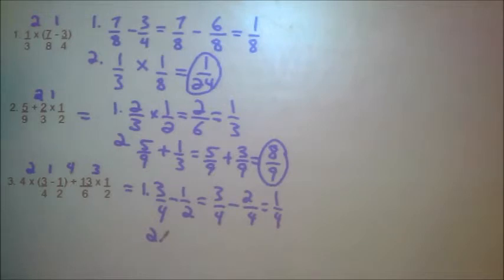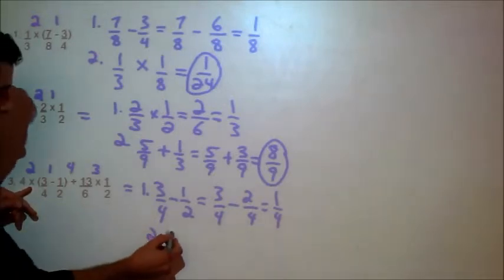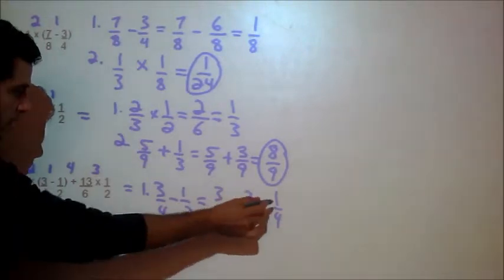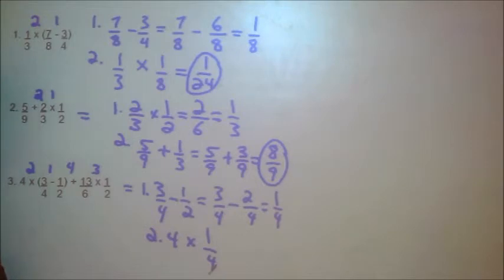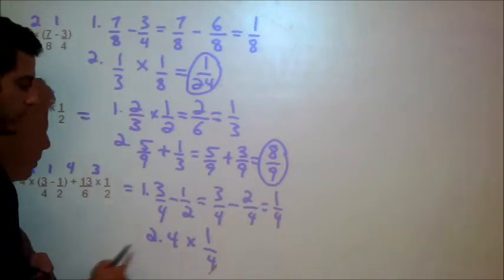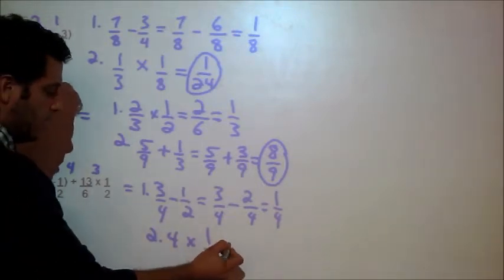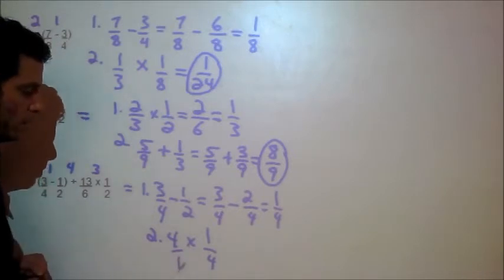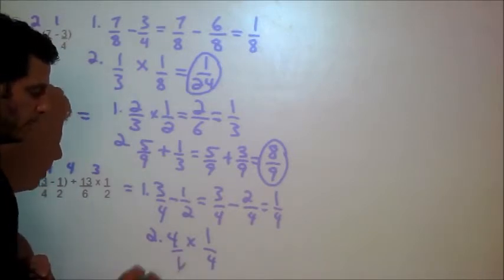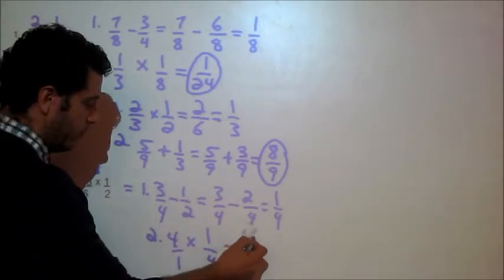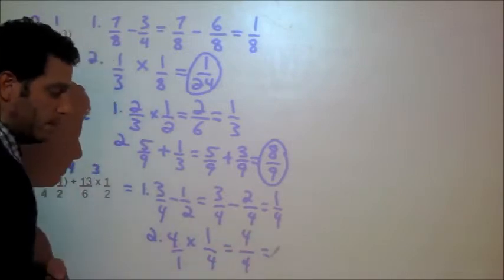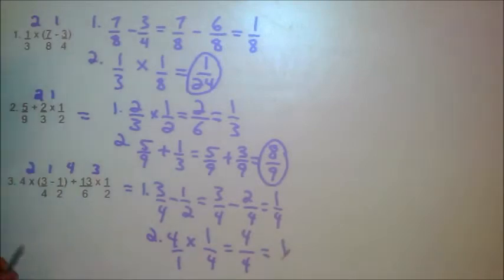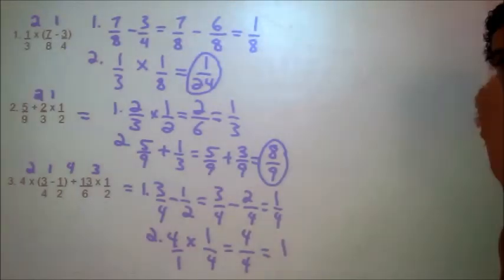Step number 2. 4 times the value in the brackets, which we calculated to be 1/4. 4 times 1/4 is 4 over 1 times 1 over 4, which is 4 over 4, which can be simplified to 1 whole.